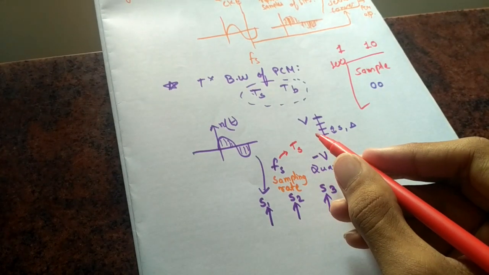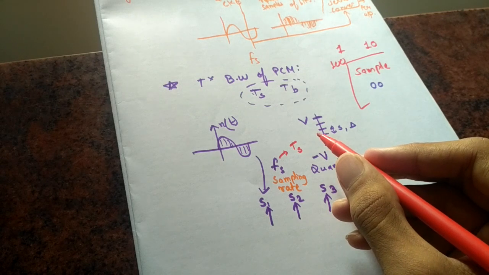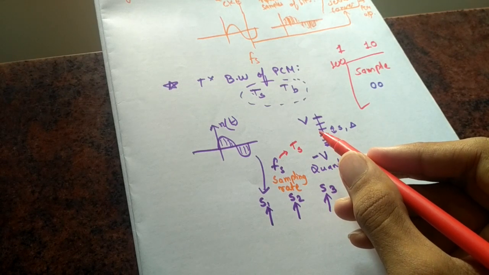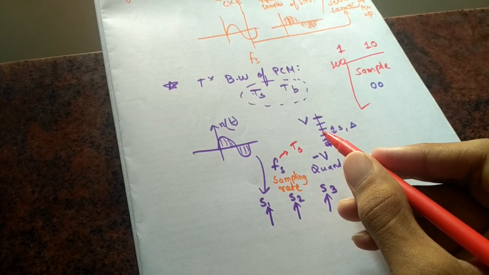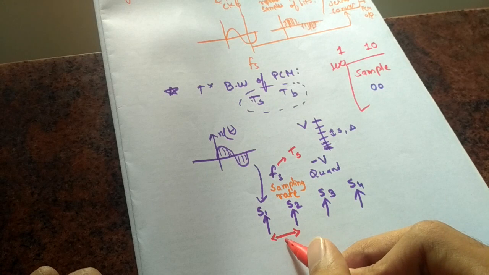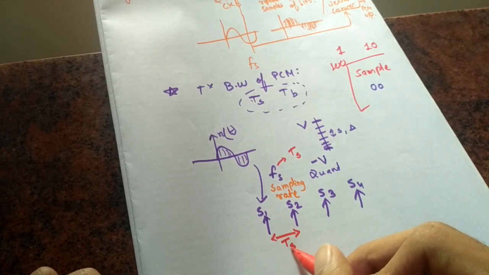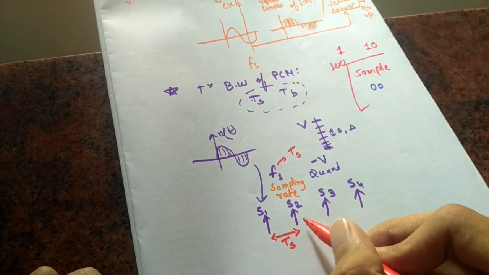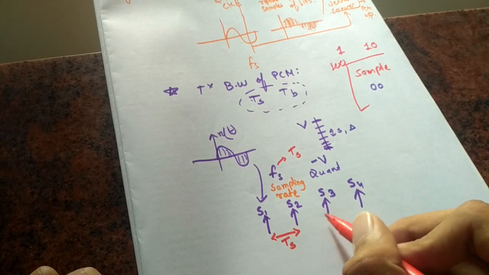That is, they are sampled after every Ts seconds. Any time interval between two consecutive samples will be Ts.